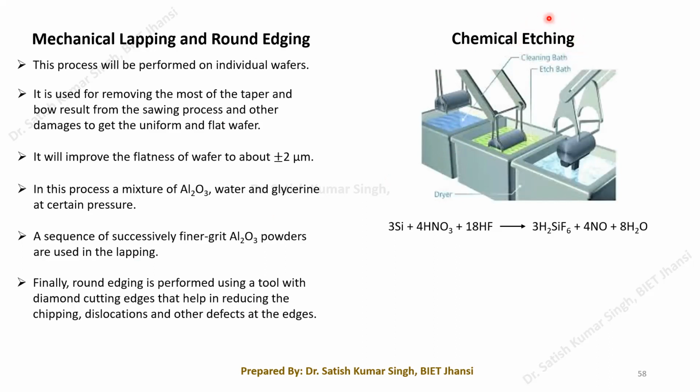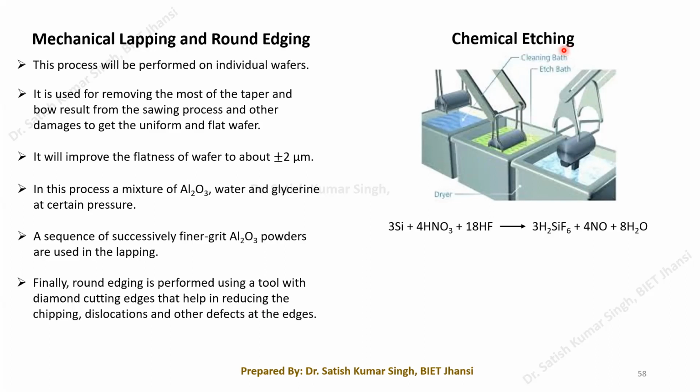Generally, if you do a particular chemical etching processing, then the layers which are interacting with a particular chemical, the layers which are exposed to the chemicals, are going to be removed.